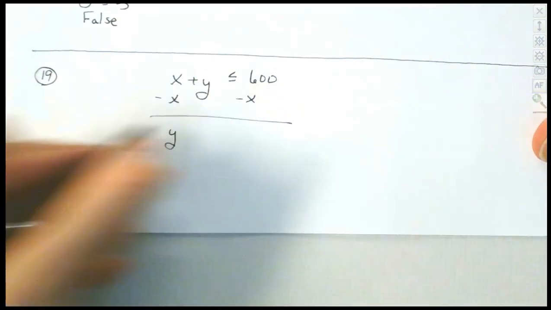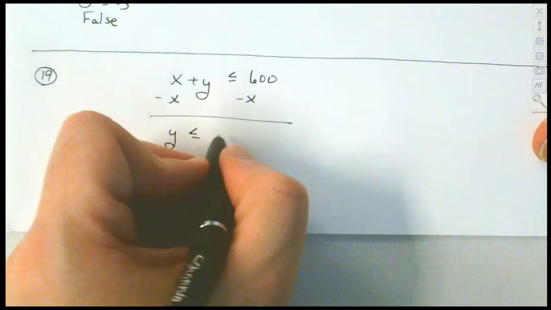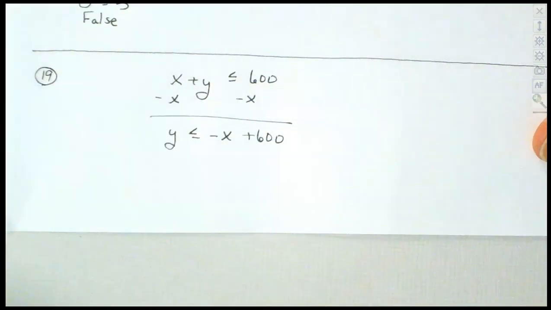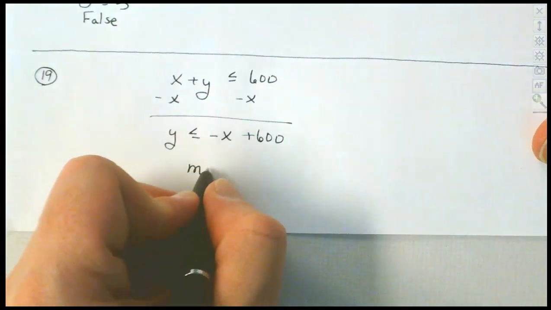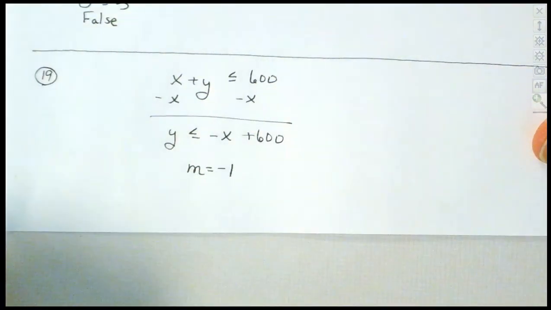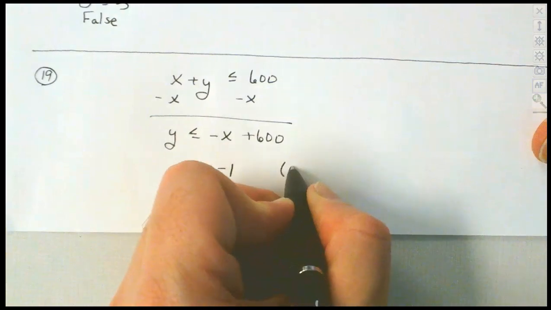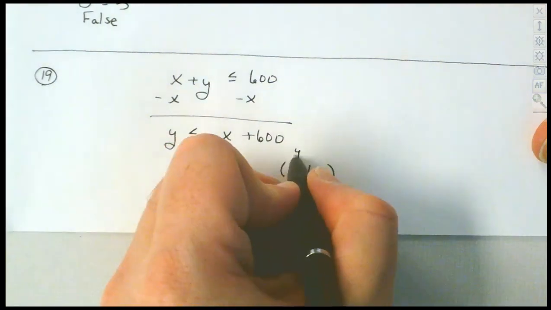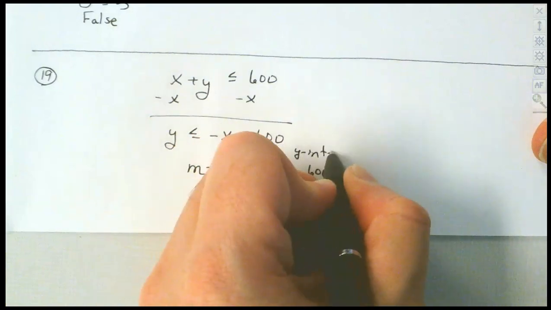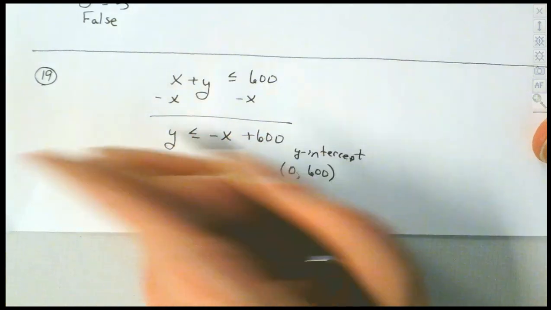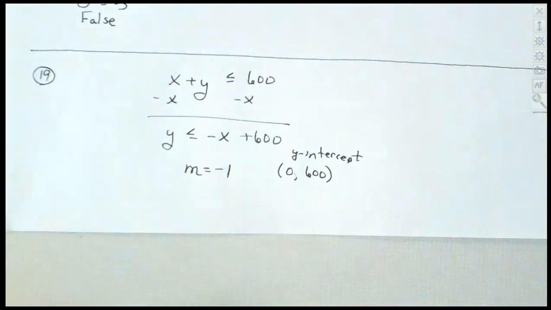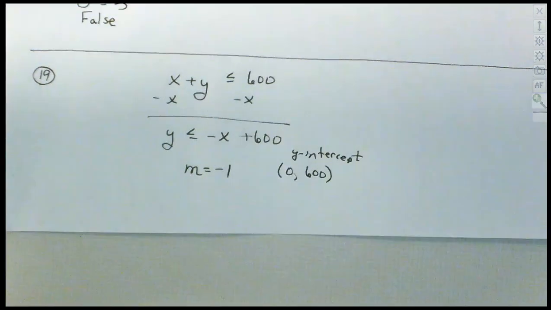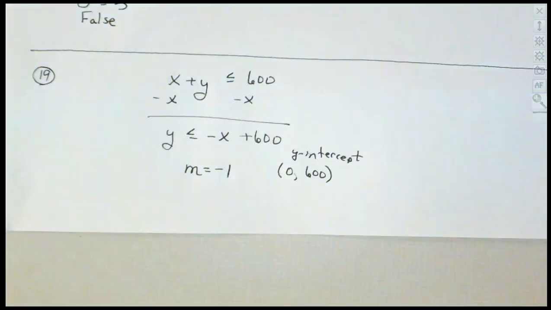And now we've got y ≤ -x + 600. And my slope is going to be -1. And my y-intercept is (0, 600). We know it's going to be a solid line. And the numbers are large, but that's okay.